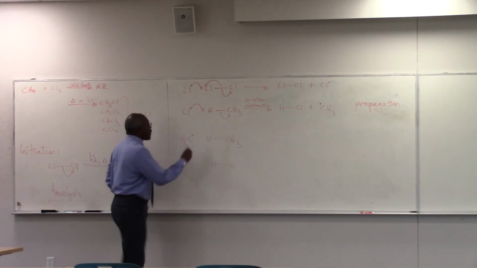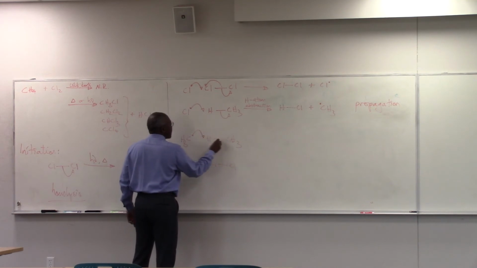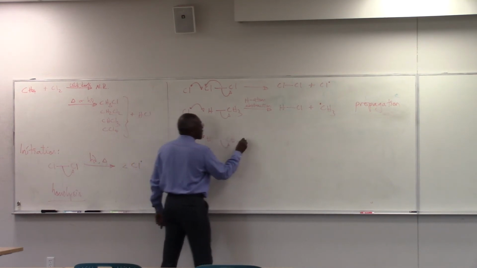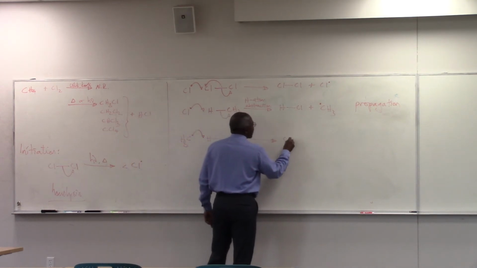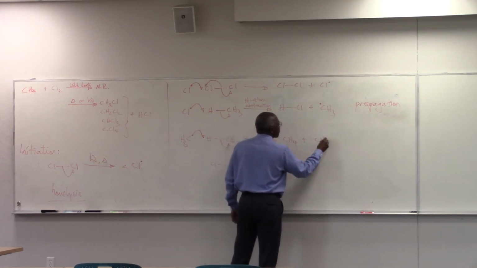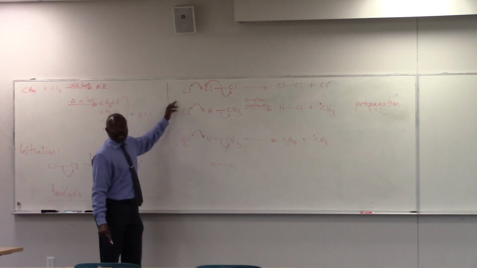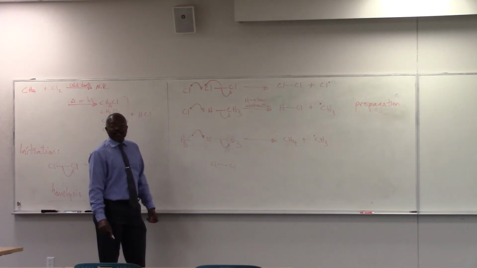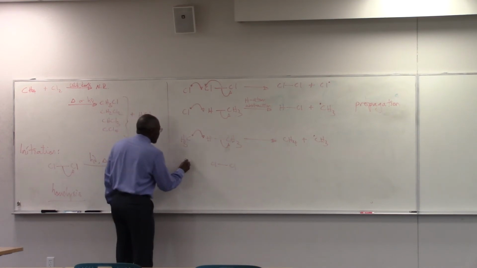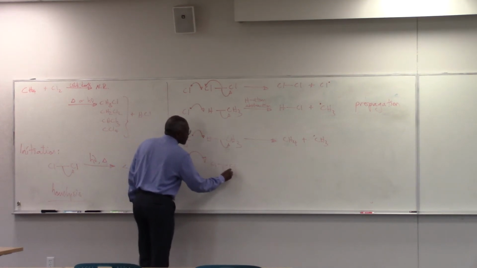So a CH3 dot will bump into a methane, abstract an H, and give rise to CH4 and CH3 dot. Well, that's the same scenario we had here. It happens, I just don't detect it, because my products and my reagents are the same thing. What I do detect is when a CH3 dot bumps into a chlorine.